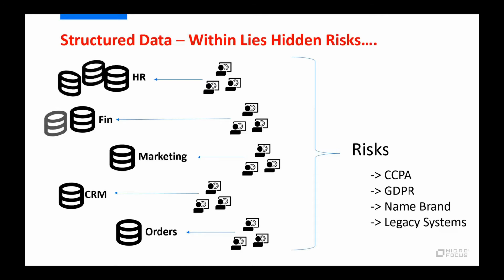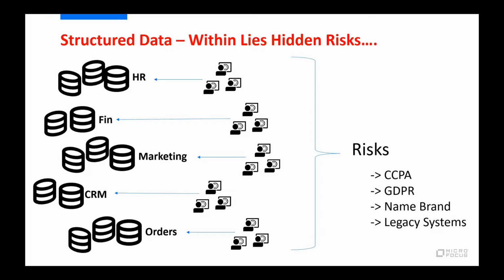The problem, though, is that through mergers and acquisitions, companies often start to acquire additional databases, or they have older versions of databases that they've migrated off, but they need to retain and keep those old legacy systems for reporting purposes.